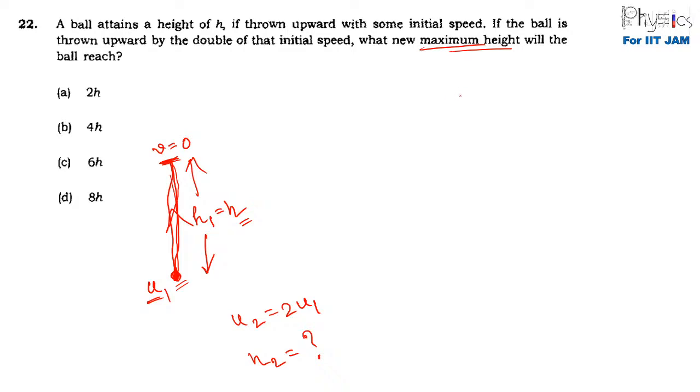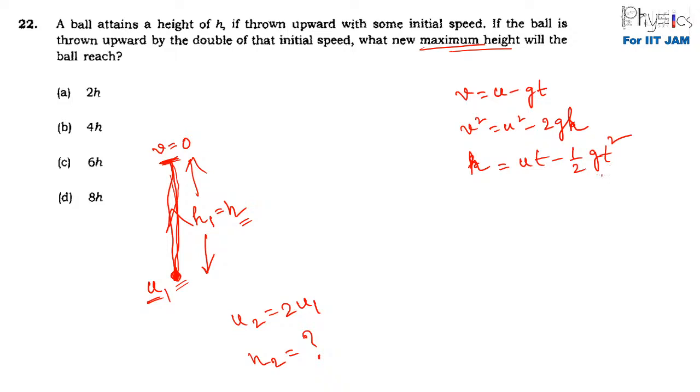We have three equations, as we discussed in the previous class. v equals u minus gt. v square equals u square minus 2gh, and h equals ut minus half gt square.